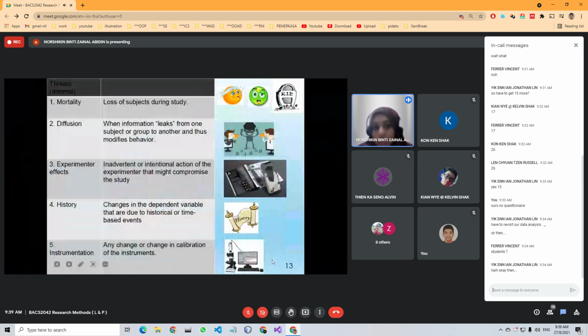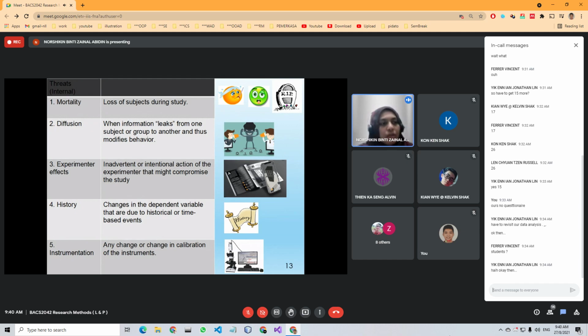It is not limited to this, of course there are many threats, but this is the most common one. The first one is mortality, loss of subjects during the study. This is very crucial, important, because we already learned about subjects. For example, if your research is on an online platform, or your student attribute needed in the working letter, the student is the subject of your study.